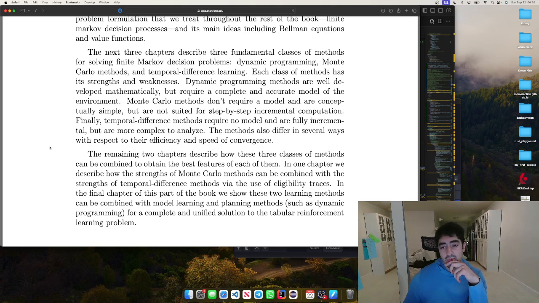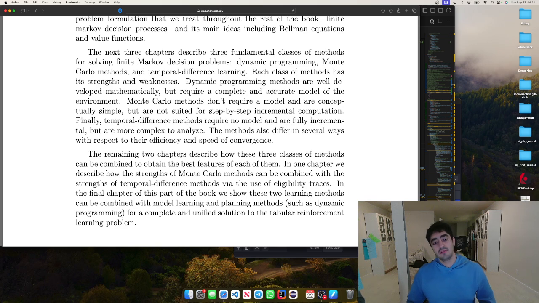The methods also differ in several ways with respect to their efficiency and speed of convergence. The remaining two chapters describe how these three classes of methods can be combined to obtain the best features of each of them.